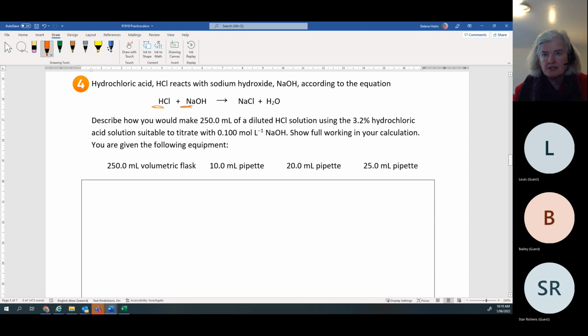You're actually going to be mixing the solutions and seeing how much base you need to add to neutralize the acid. So here we'd basically say, okay, how would I make 250 ml of diluted HCl solution using my 3.2 hydrochloric acid, trying to do it with a 0.1 mol per liter sodium hydroxide solution?